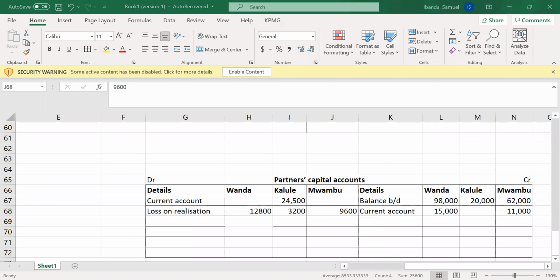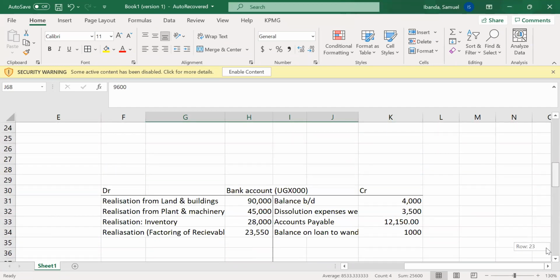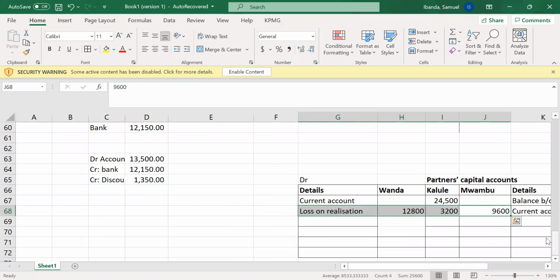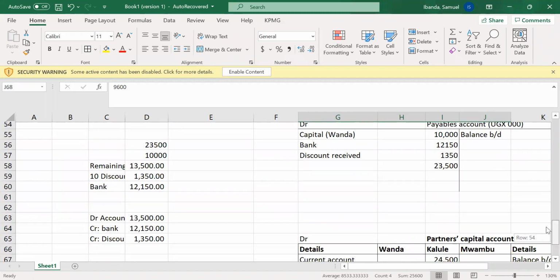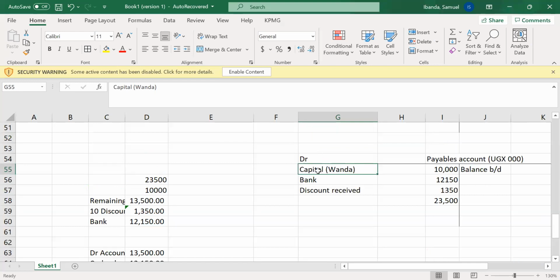Now, one of the things that you also need to take into consideration is our additional information. Okay, before we even look at additional information, we're trying to take into consideration, I think it was the motor vehicle. Yes, I think it was the motor vehicle somewhere. Okay, before the motor vehicle, remember this that we did where we said that we are debiting the payables account and putting capital in bracket Wanda.